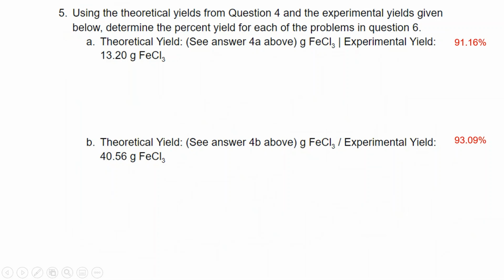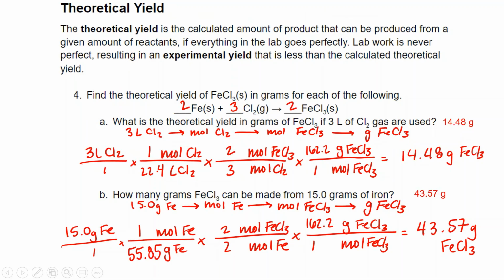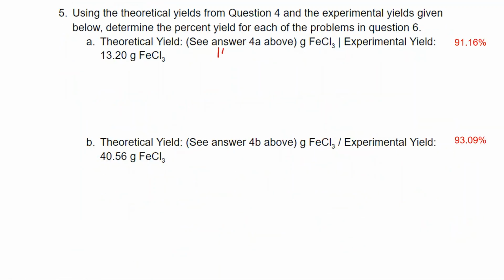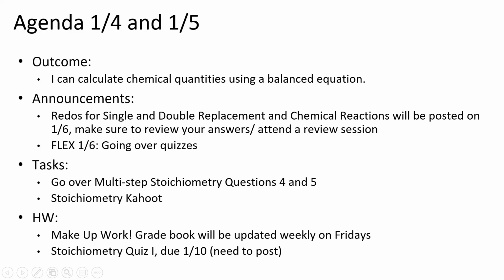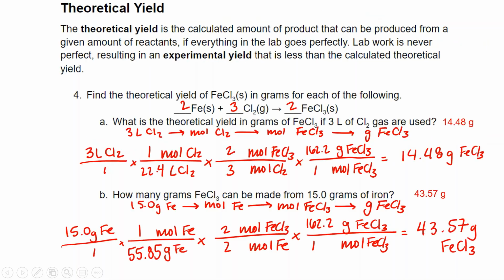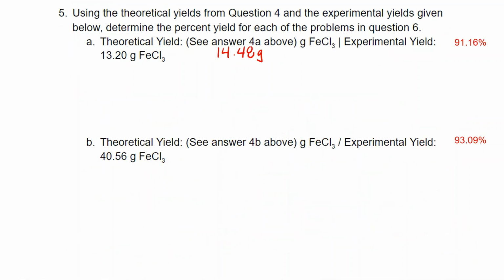So if we know the theoretical yield, which is how much we could make if everything goes perfectly, that was 14.48 grams here, and 43.57 here. So this is how much I could make.